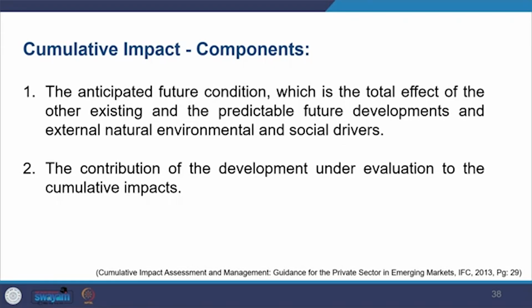The other component is the contribution of the development under evaluation to the cumulative impact. So whatever project you are doing, what is the contribution of that development to the cumulative impact you are evaluating. So overall, what is happening to the VEC, plus how your project is going to change it, positively or negatively, the overall situation of that particular VEC.